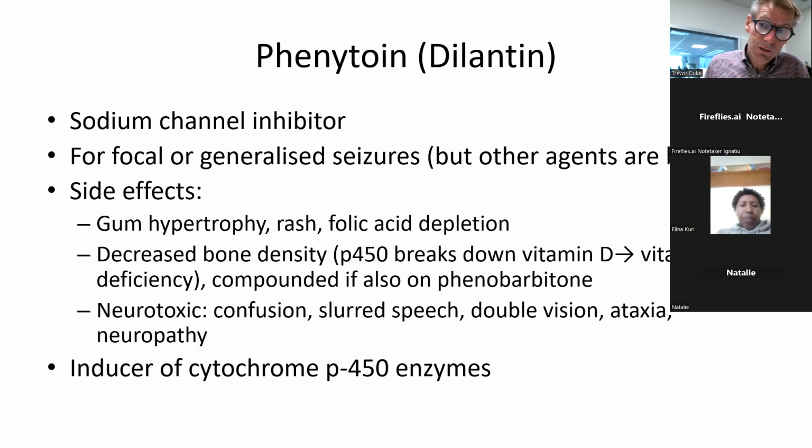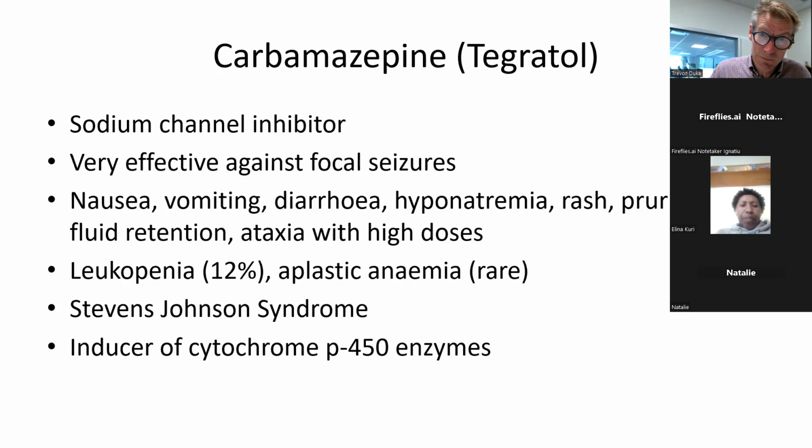So if they're on too high doses, and it, like phenobarbital, is an inducer of cytochrome P450 enzymes, which means it can interact with other drugs that are metabolized by the P450 enzymes. And therefore, you may need to use higher doses of those drugs.